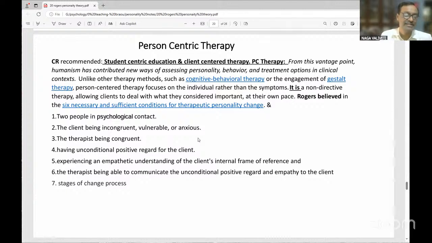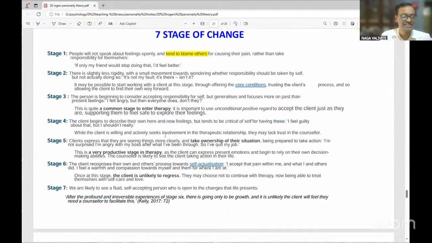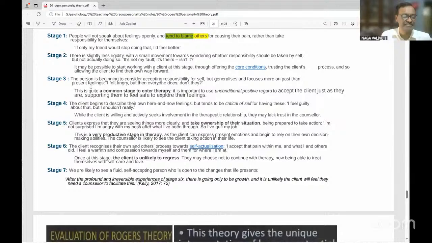And then he thinks that what was lacking in his childhood, now he is getting it, so he becomes convinced that due respect is being given, and he slowly opens up, accepts his problem, and takes responsibility. And he says that there are 7 stages. He initially refuses to change. He thinks that others are at fault for his problem. Slowly he changes. In 7 steps, he changes.